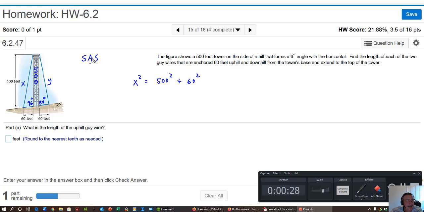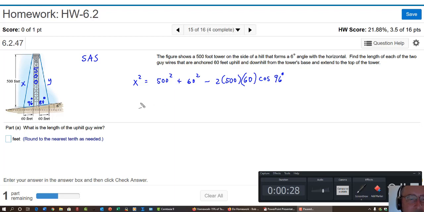They gave us the height of the tower and the distance 60 feet apart from both ends there. So x squared equals 500 squared plus 60 squared minus 2 times 500 times 60 times the cosine of what? Y'all tell me. This is why I'm saying you have to not just know the formulas, but how to apply them. So if we're after x, I think we're looking at the 96-degree angle there.